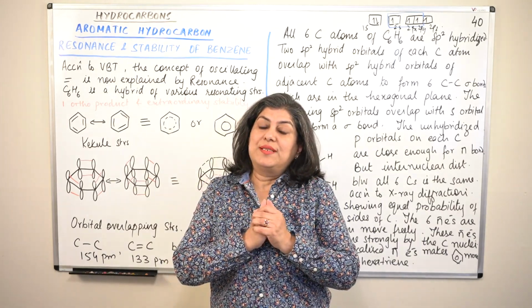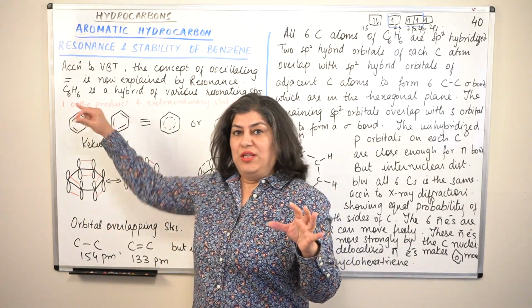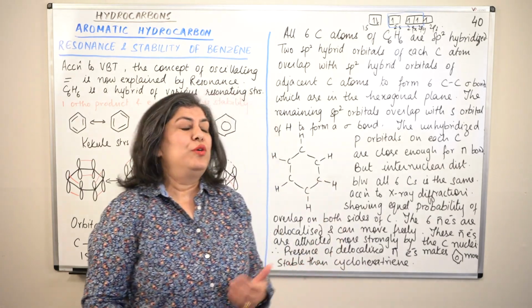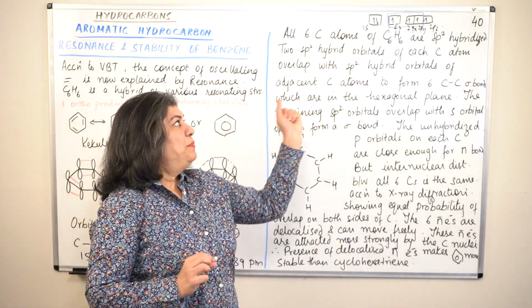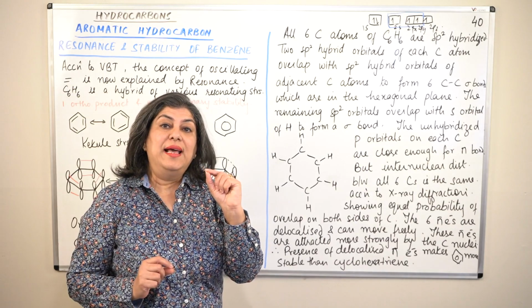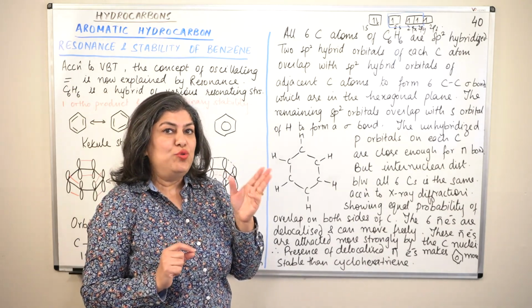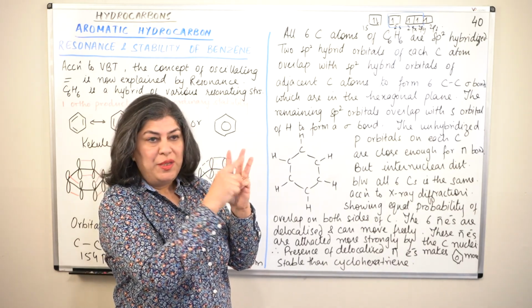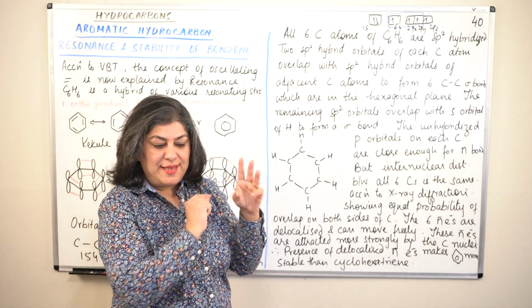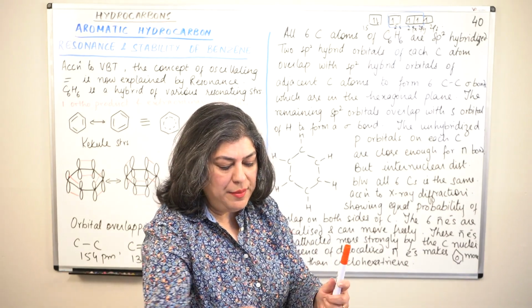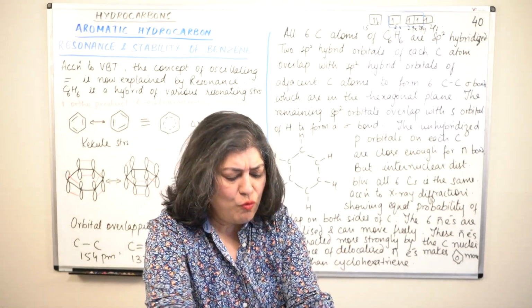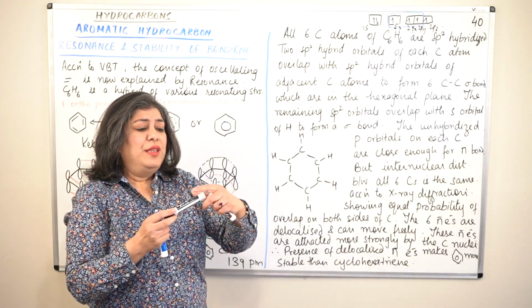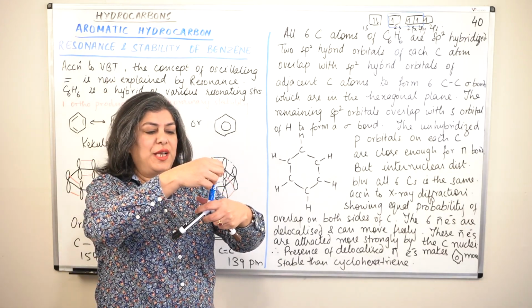As a result of this, if we go to the Kekulé structure again, imagine what Kekulé would have thought. What is the shape of an sp2 hybridized orbital? There are 3 orbitals, 1 s and 2 p. So 3 orbitals are hybridizing, and imagine what would be the structure in which they could stay as far apart as possible.